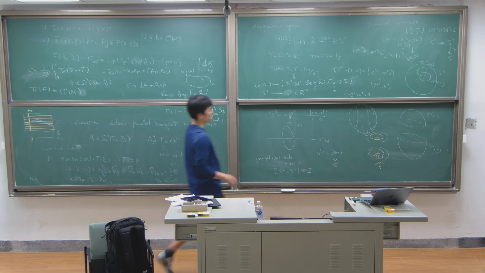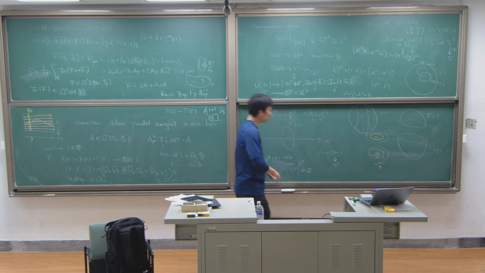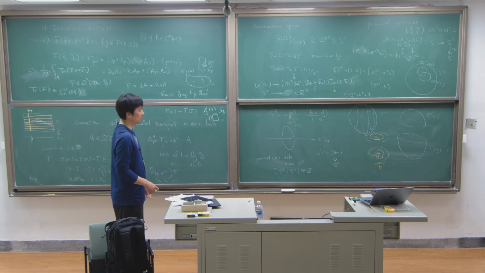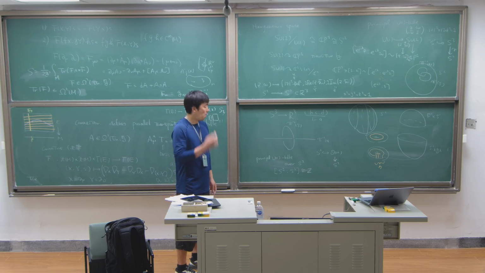I'm confused. Yeah, I think this is a way of doing it, and it's up to how you draw. So that's another example of a U1 bundle.